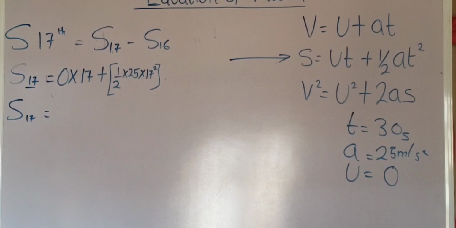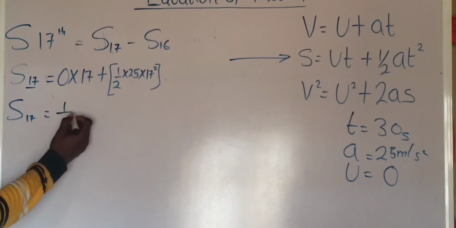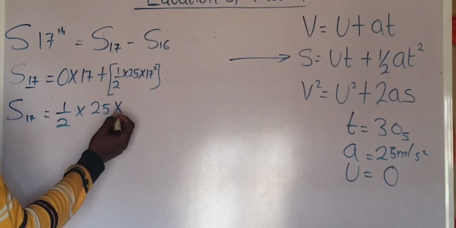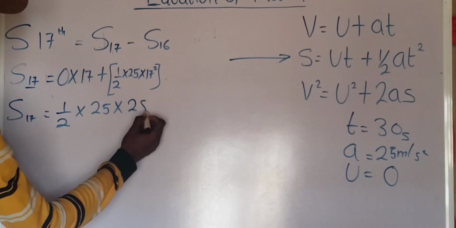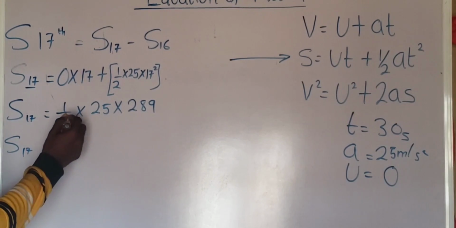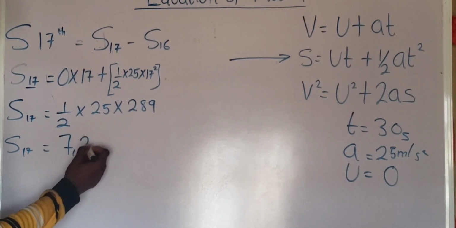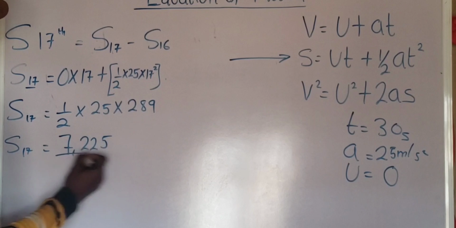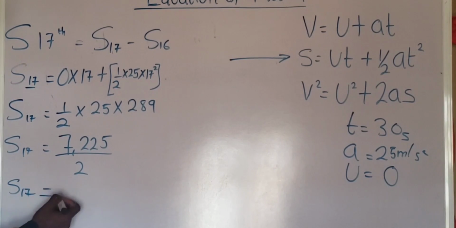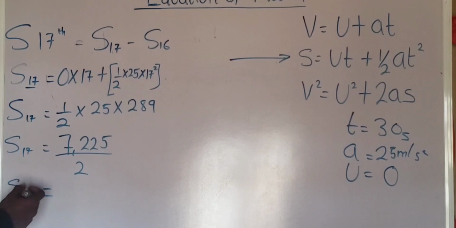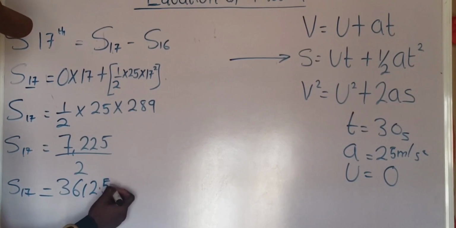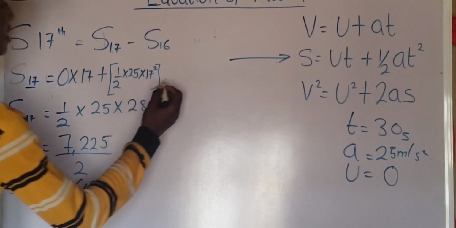So for this, we are going to have 1 over 2 multiplied by 25 times 17 squared, which is 289. 25 times 289 is 7,225 all over 2. That will give us x17. That is the distance that the Formula 1 covered in 17 seconds: 3,612.5 meter.